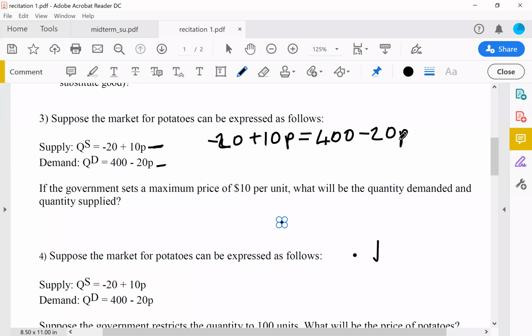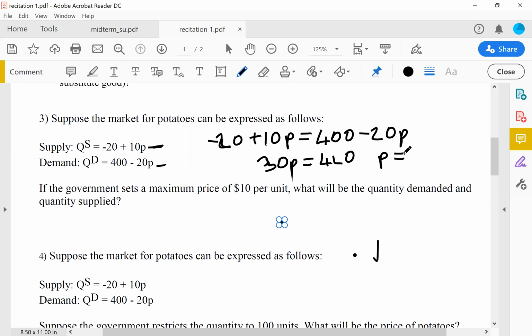Perfect. So what will be the equilibrium here without the intervention? It will be 30p is equal to 420. Then p is equal to, what will be p?